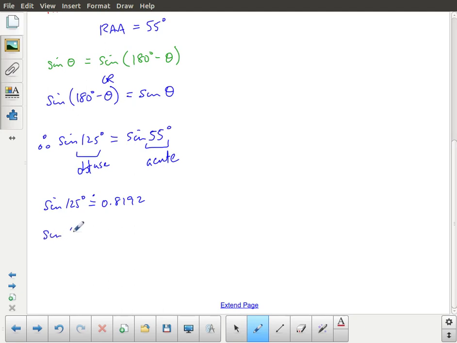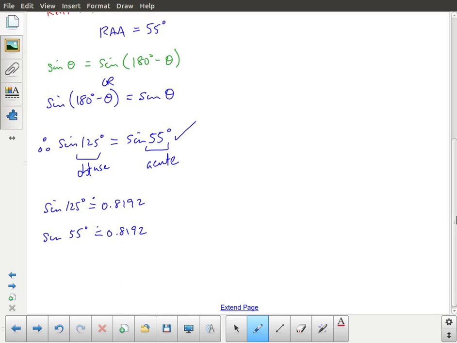And not surprisingly, sine of 55 is equal to approximately 0.8192. So that means that this statement is correct. Although that does not prove what we had up here, it verifies what we came up with before by this particular calculation.